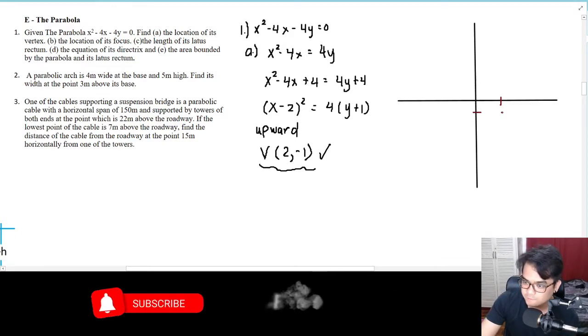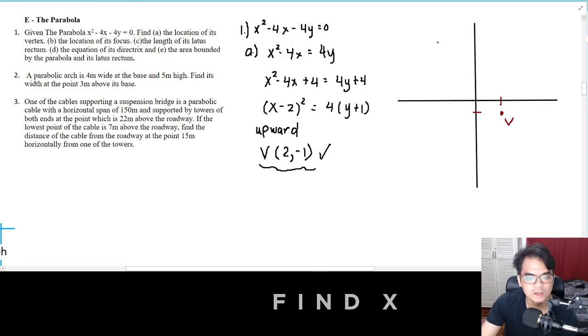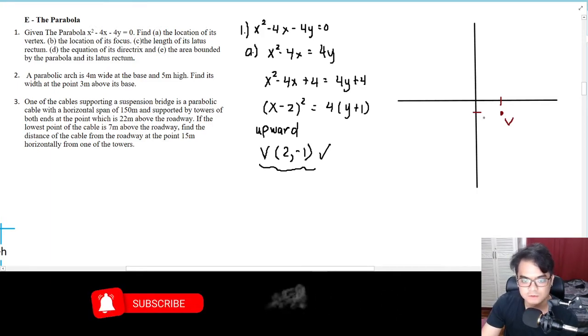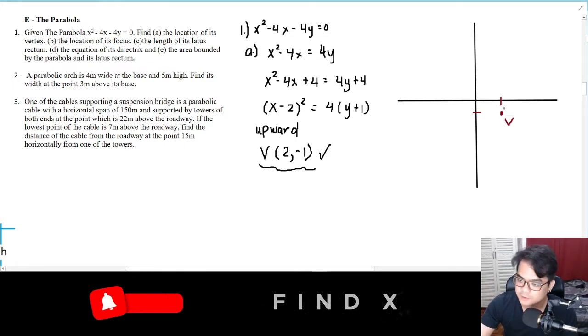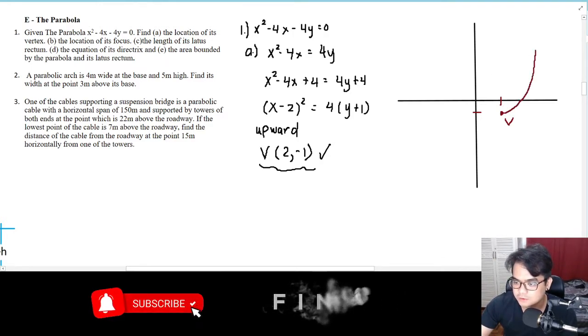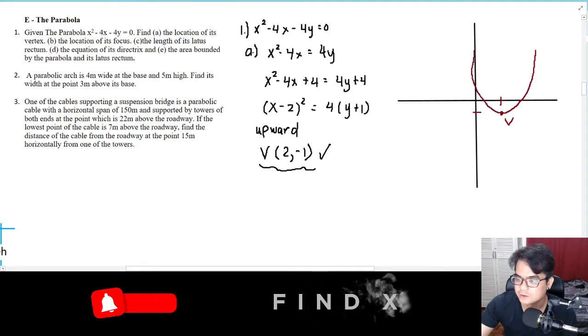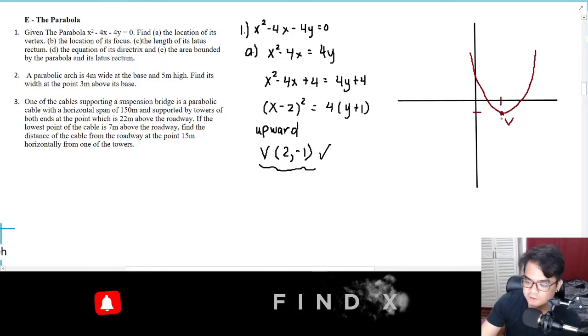So this will be the vertex. So this is V. And opening upward. So it should look like something like this. So this is the parabola. So let's say that is the parabola.